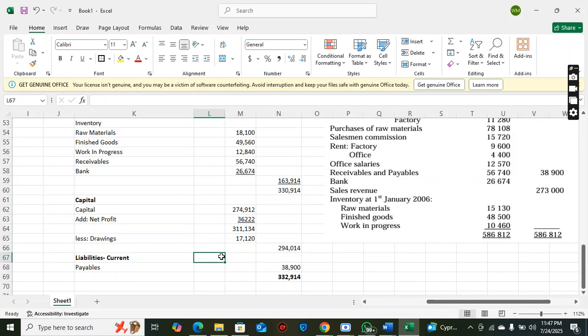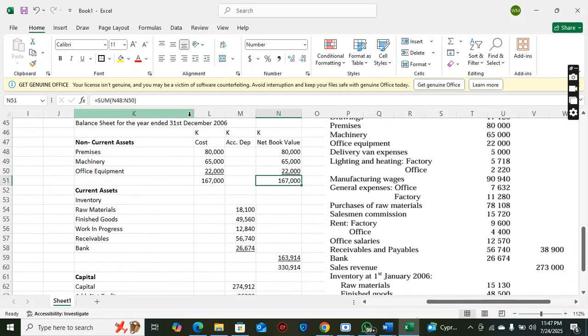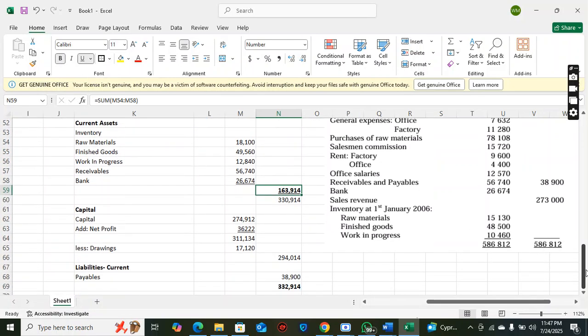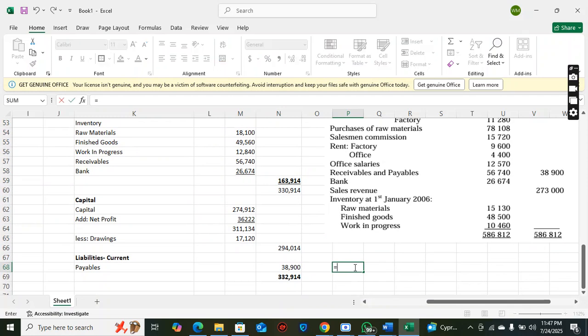It was these ones here, for the total assets. That's why I didn't add. Any questions, colleagues?